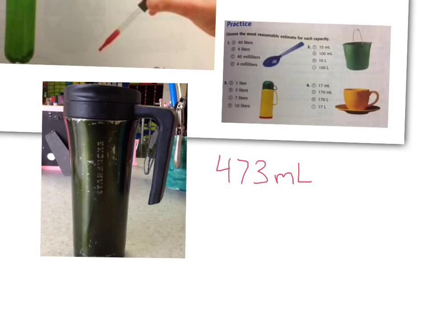Is this more than 1 liter or less than 1 liter? I know that this is less than 1 liter because 1 liter equals 1,000 milliliters. So to estimate, Mrs. Crystal's coffee mug is about half of a liter, because 1/2 of a liter would be 500 milliliters.